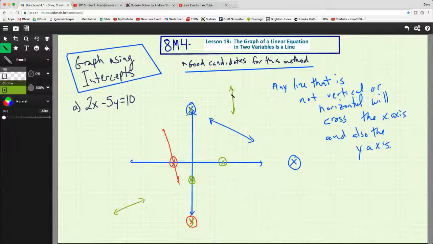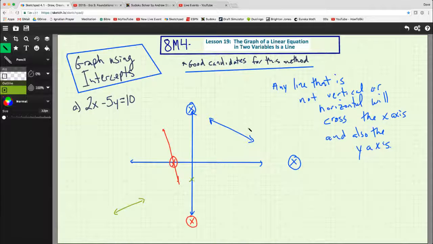But this line that's straight vertical will only cross the x-axis, but it won't cross the y-axis. And lines that are horizontal will never cross the x-axis, but will cross the y-axis. But again, if it's not vertical and not horizontal, it will cross both axes.